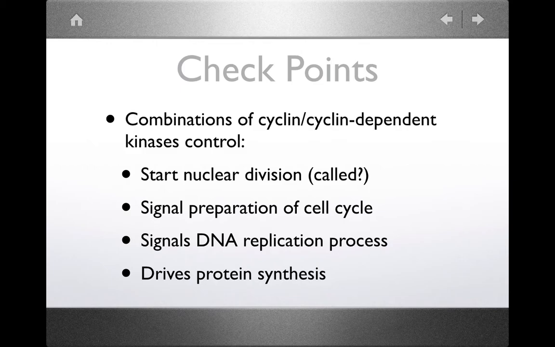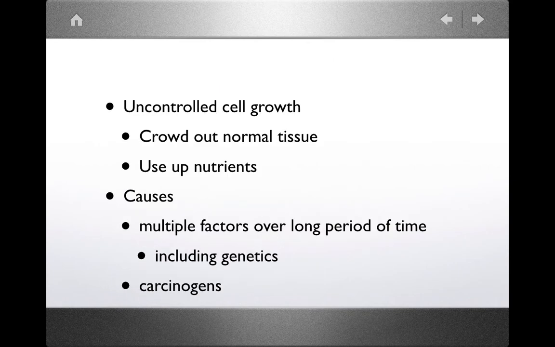There are other cyclins and cyclin-dependent kinases that drive protein synthesis for G2 and the end of G1. They're all places where it's very important to make sure that the cell is ready, able, and safe to move forward in the cell cycle, just like when you pull up to a stop sign when you are driving.